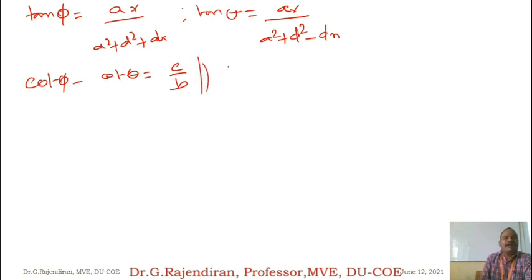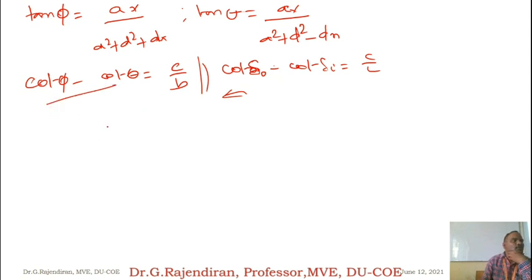Similarly, what we derived, cot delta naught minus cot delta i is equal to c by L, correct? We derived it. Just changing the notation, this is the condition for true rolling.